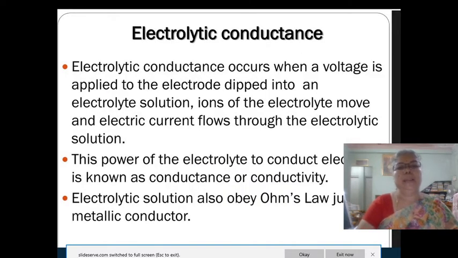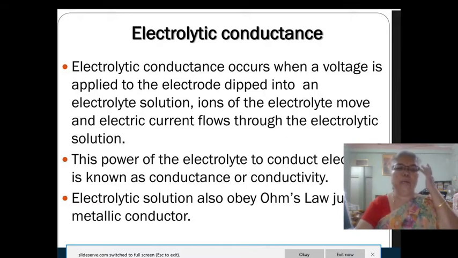Then again, electrolytic conductance. Electrolytic conductance occurs when voltage is applied to the electrodes dipped into an electrolyte solution. Ions of the electrolyte move and electric current flows through the electrolytic solution.